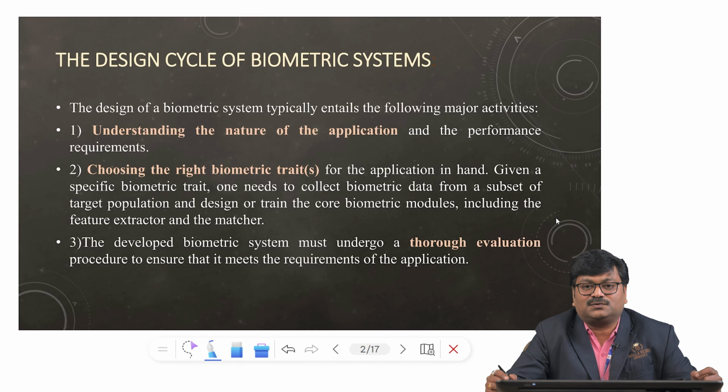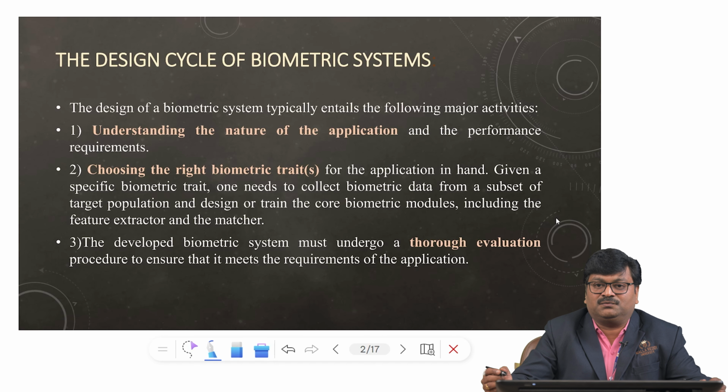These decisions will be taken only on the basis of evaluation. So the third most important criterion in designing the biometric system is evaluation. And this evaluation will have many more subtopics involved.